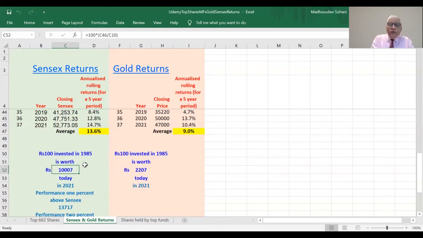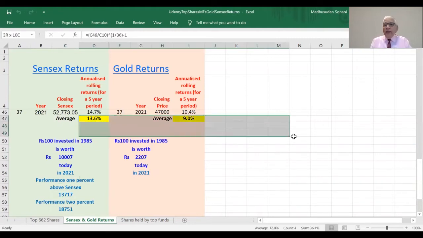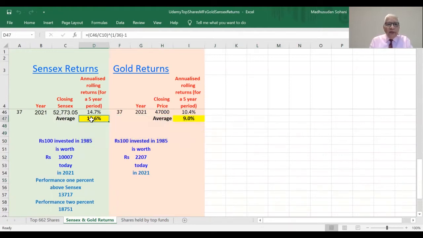Now, if you assumed 13.645 is the index growth per annum, and found out the growth which was 1% higher than this, several mutual funds have beaten Sensex.